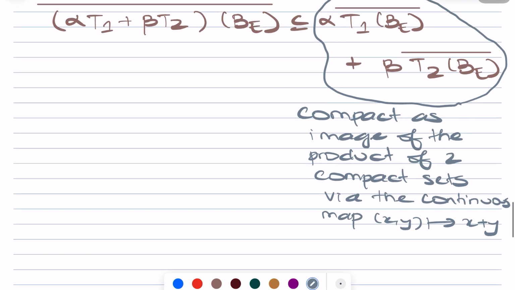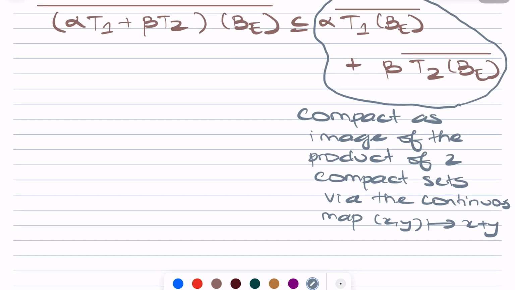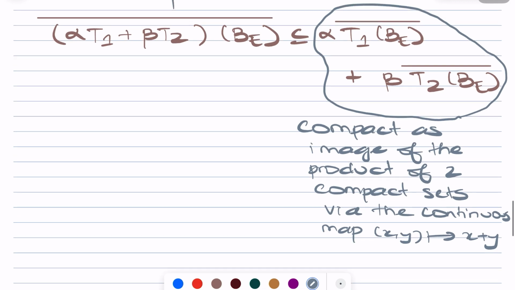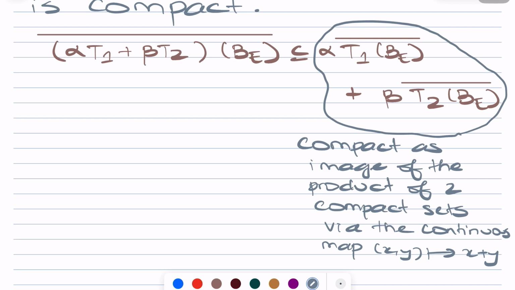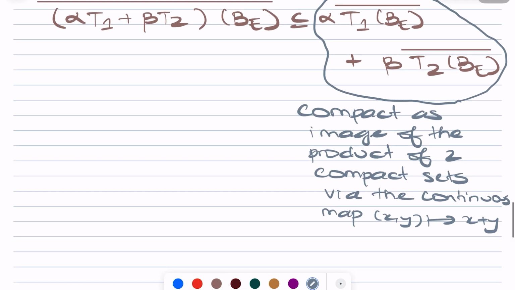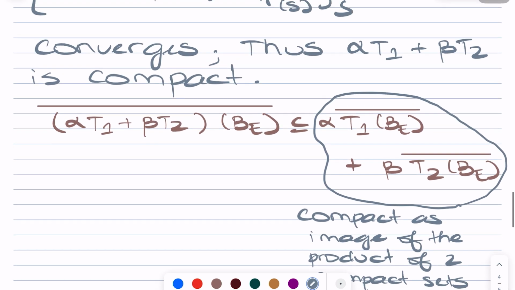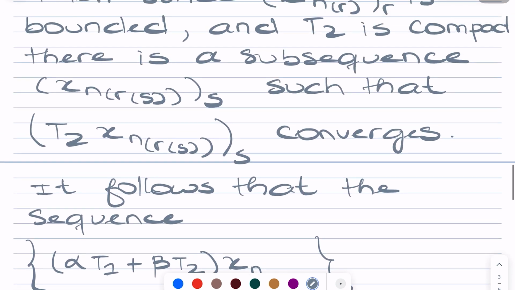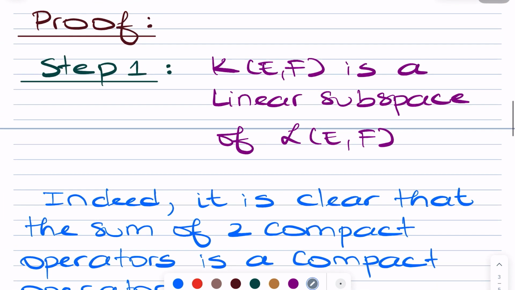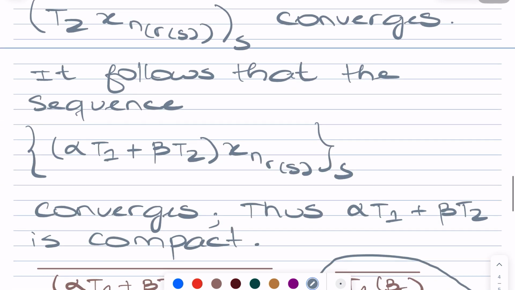The product of two compact sets is compact, a property due to Tikhonov, so check it out if you are interested. So the right hand side is compact, and therefore the left hand side is also compact, because it is a closed subset of a compact set. So this is another approach to show that the set of compact operators is a linear subspace of the set of linear bounded operators.